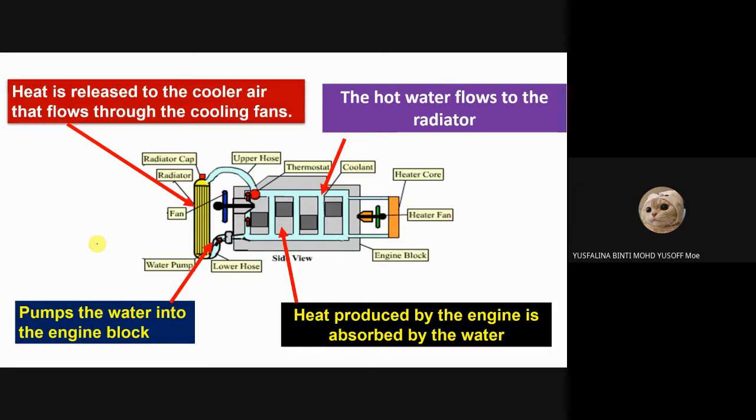The water is pumped into the engine block. The heat produced by the engine is absorbed by the water. Then the hot water flows to the radiator. After that, the heat is released to the cooler air that flows through the cooling fans.